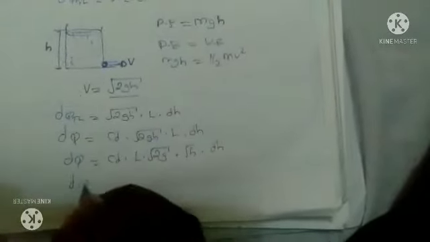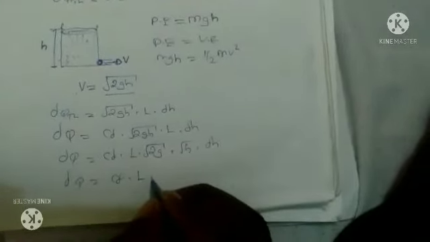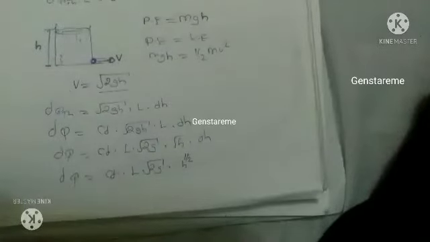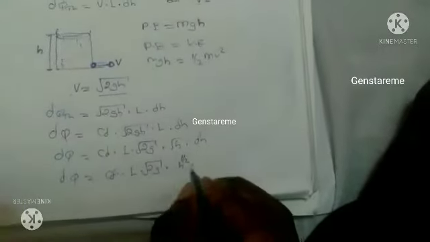This one times this one, you get back here, so it's the same. So now dQ will be Cd times L times the square root of 2g times h power half times dh.